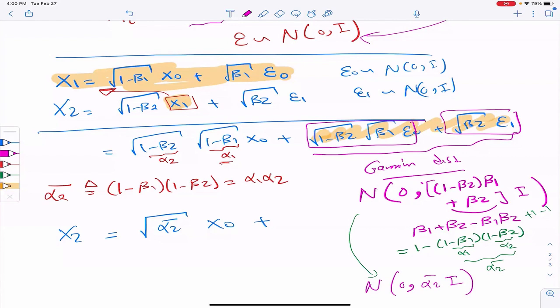And if you want to write it in terms of the equation that we have, x2 is equal to the square root of alpha 2 bar times x0 plus the square root of, okay, so this should be 1 minus, apologies, the square root of 1 minus alpha 2 bar times a noise that is distributed according to a normal distribution.